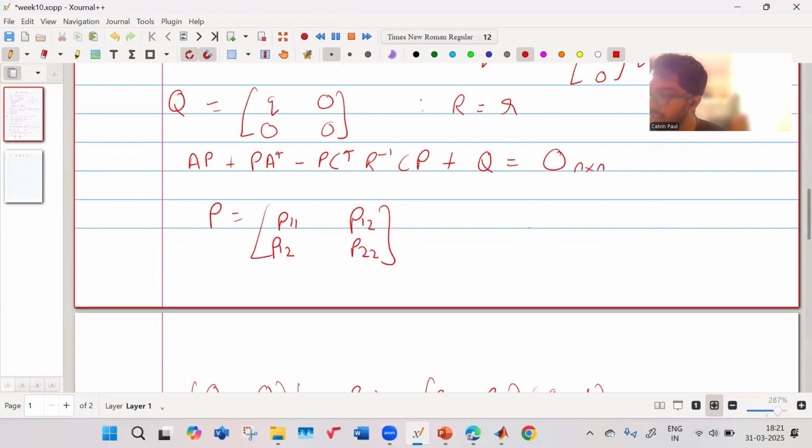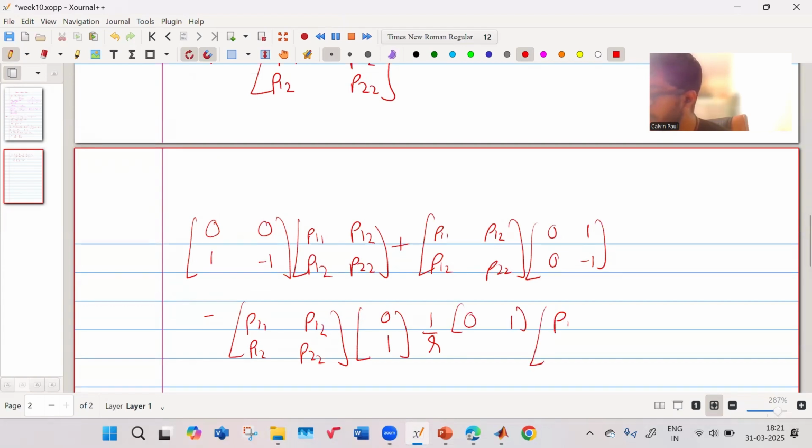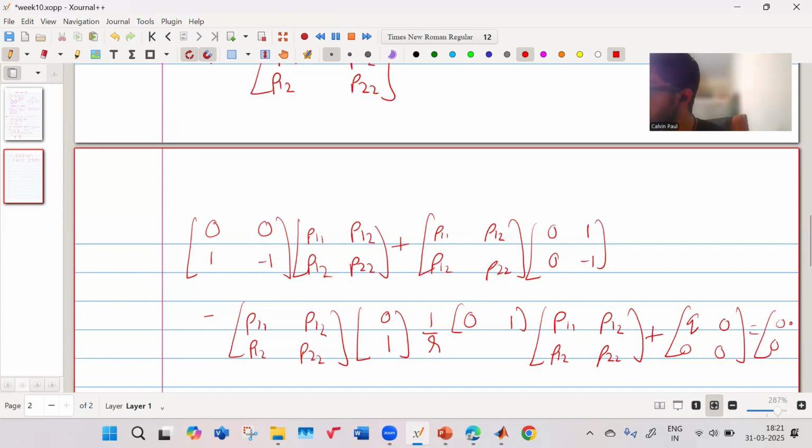This is equal to minus P C transpose R inverse C P plus Q. C transpose is [0; 1], R inverse is 1 upon R, times P again, plus Q, which is [Q 0; 0 0], equal to [0 0; 0 0].